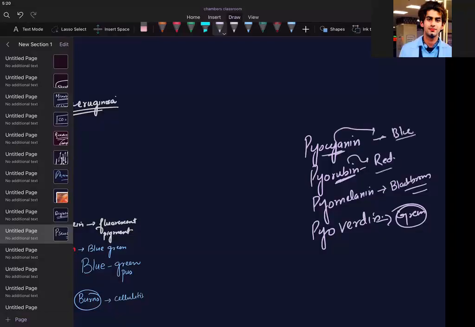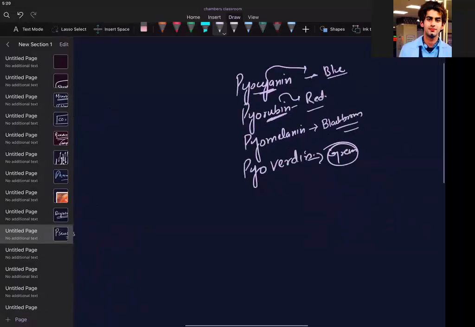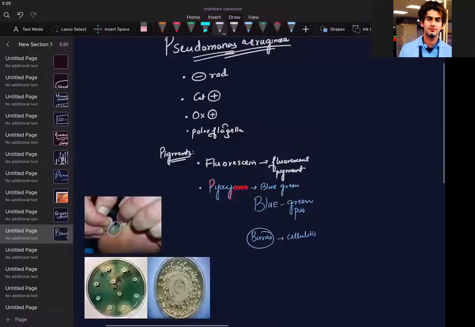So these are the pigments they can have. But which one is mostly found in Pseudomonas aeruginosa? Blue-green pigment, pyocyanin. Easy. Life became easy.